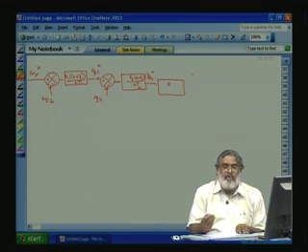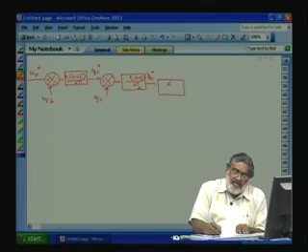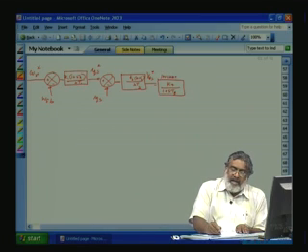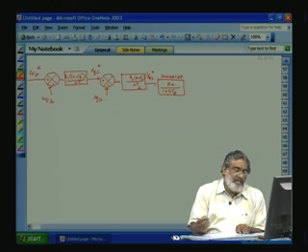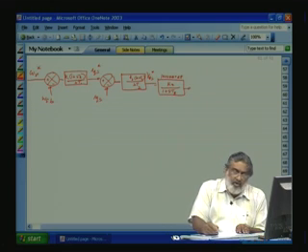The inverter we will model as a first order lag. So we will say inverter K3 by (1 plus ST3). This is our inverter. Same like our PWM, because of the PWM frequency we can find out approximately the ST3. So it will go to the machine.